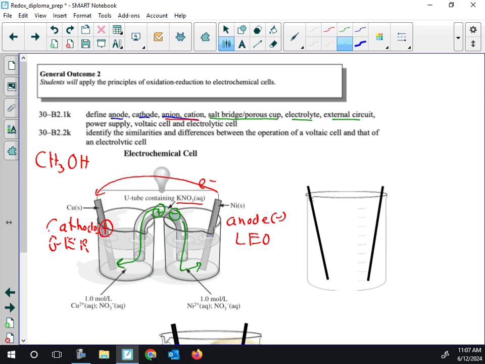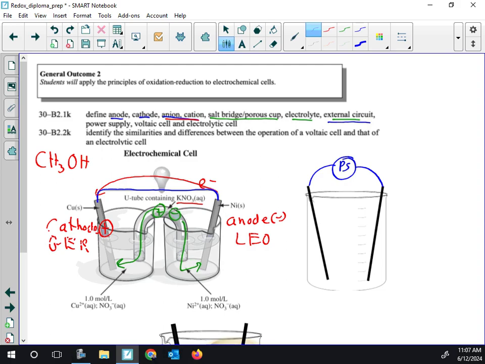Now, our external cell is the wires that connect the anode and the cathode. There's a power supply listed, but that doesn't change the labeling of the external cell. Now, in an electrolytic external cell, you need to have a power supply or a battery that's going to run that cell.